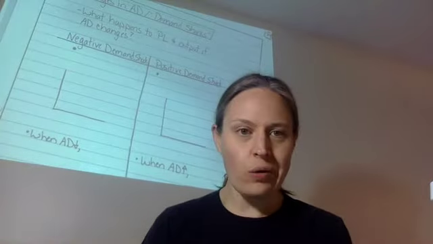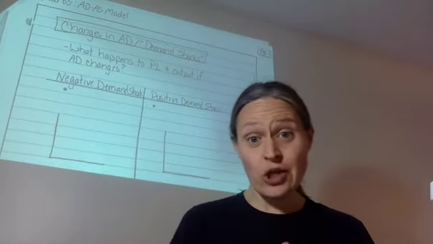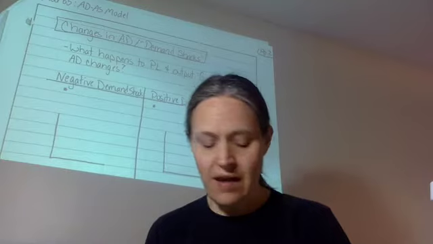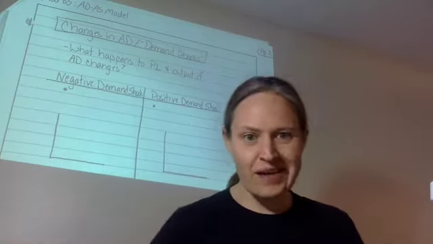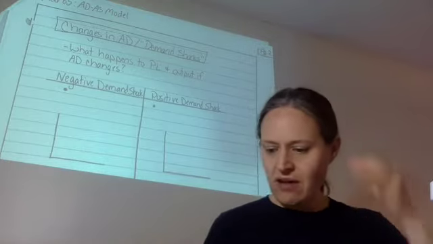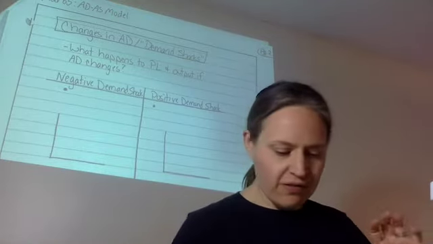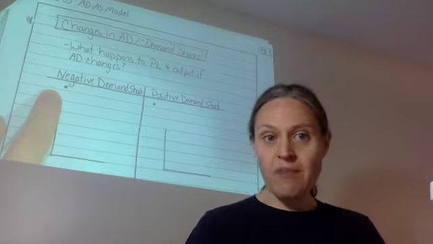All right, so we talked already about the fact that the aggregate demand curve can shift left and right. When it does shift, they often call that a demand shock. So this is a little review from a couple of modules ago.